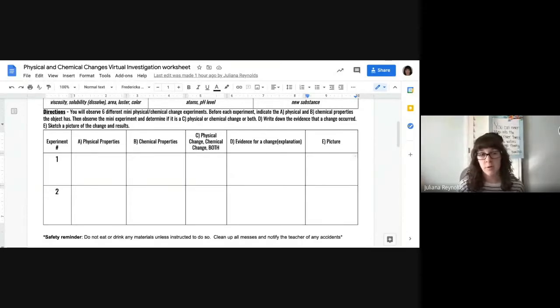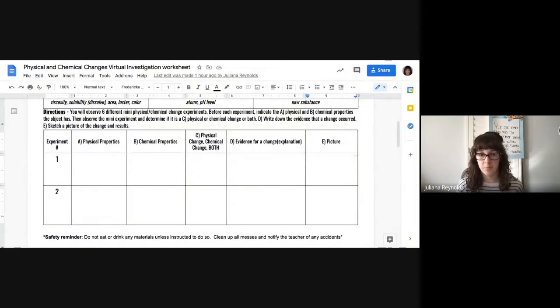Then you'll observe the mini experiment and determine if it is a physical or a chemical change or both. In box C, you'll write down what type of change you think you've observed. In box D, you'll write down the evidence that a change has occurred, listing the forms of evidence that support what type of change you think is going on.